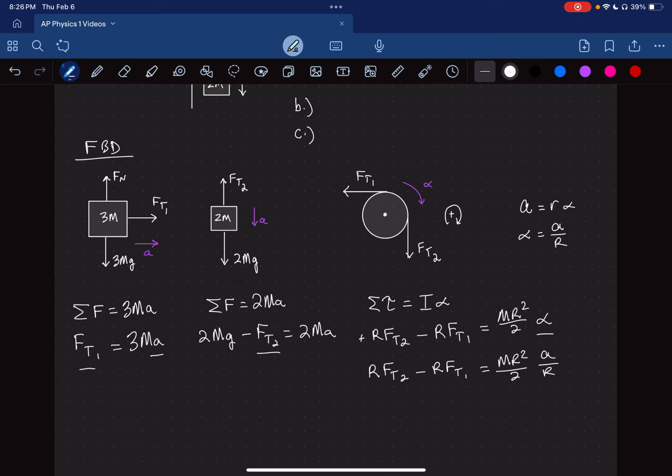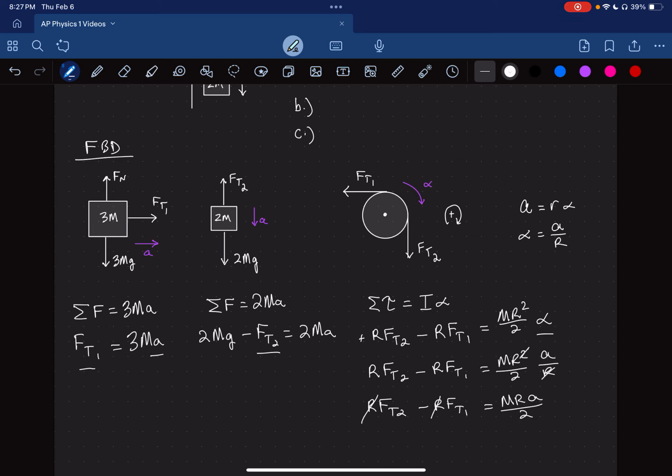Now, let's clean this up. So R and one of those R squares cancels. Now I'm just taking my time to explain all this. It's mRa over 2.